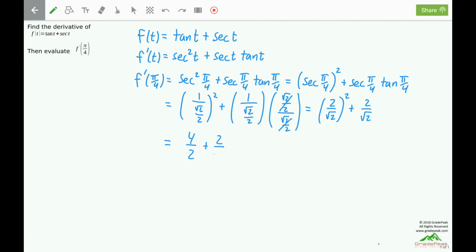The second term, I'm going to rationalize so that I can end up with a common denominator so I can combine these two terms together. To rationalize, you multiply by the equivalent root that is in the denominator and put 1 in the numerator as well, so you have a form of 1.